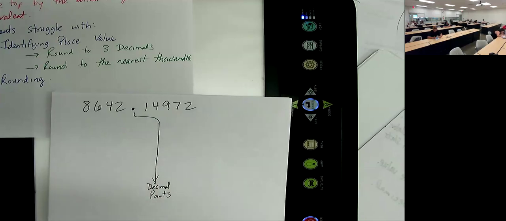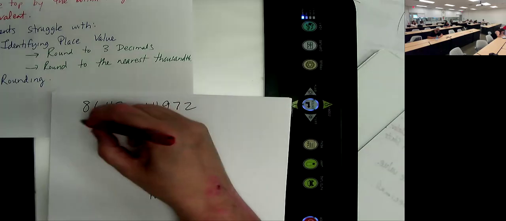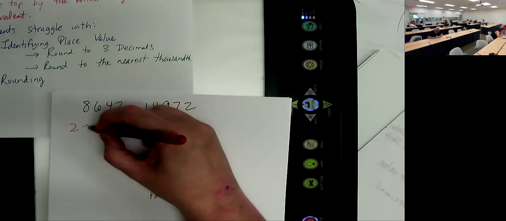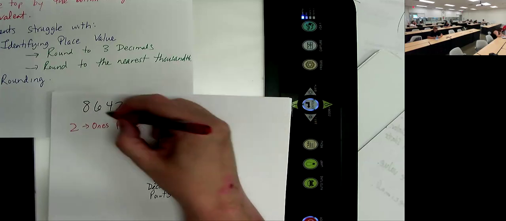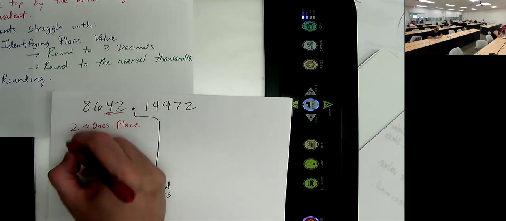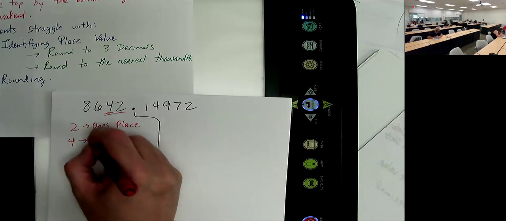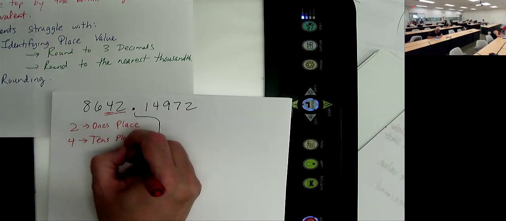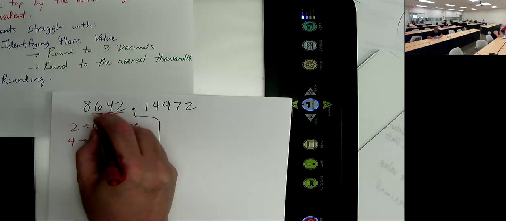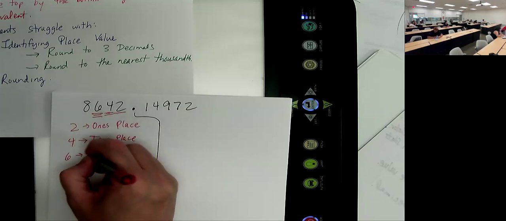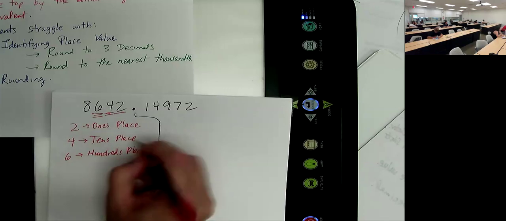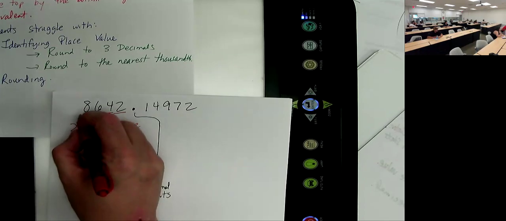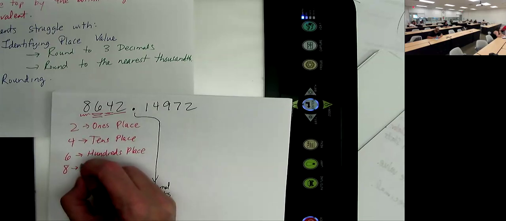And many of you are comfortable with the numbers on the left. The 2 is in the ones place. The 4 is in the tens place. The 6 is in the hundreds place. And the 8 is in the thousands place.